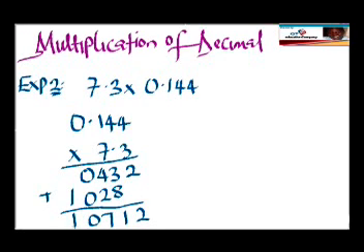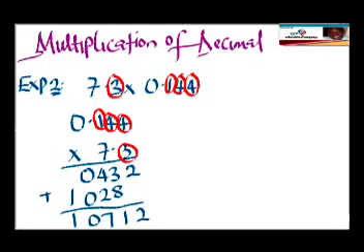Now how many numbers do I have after my decimal points? That will determine where you are going to put your decimal point. I have 1, 2, 3, 4. I have 4 in all, 4 numbers after the decimal point. You've seen in any case it's 4.